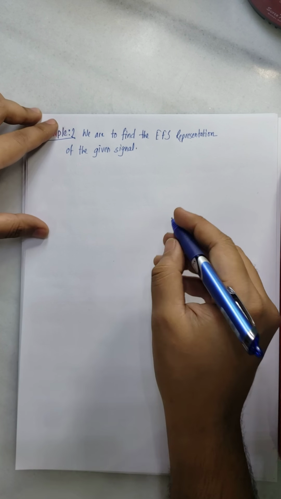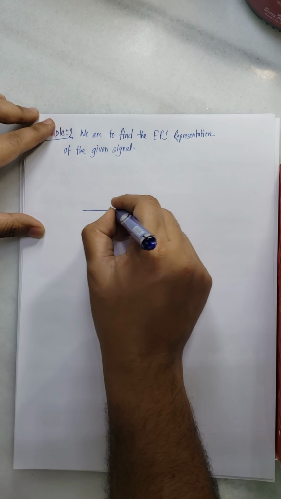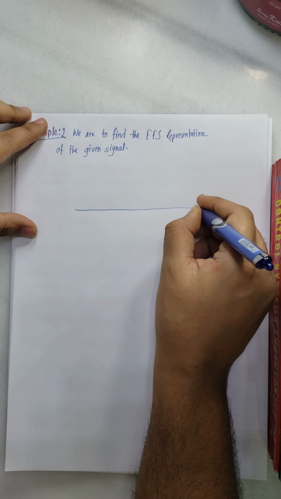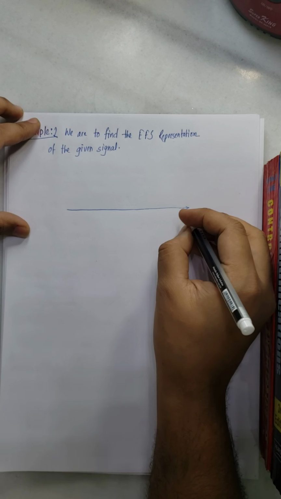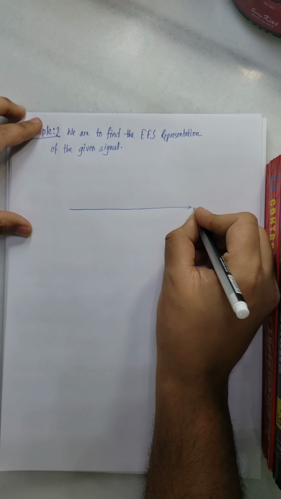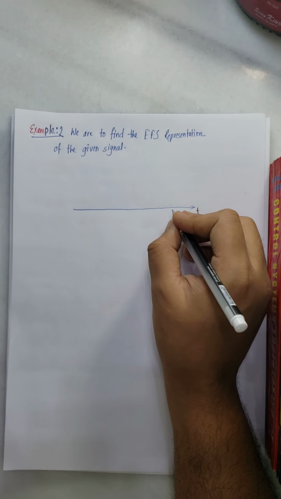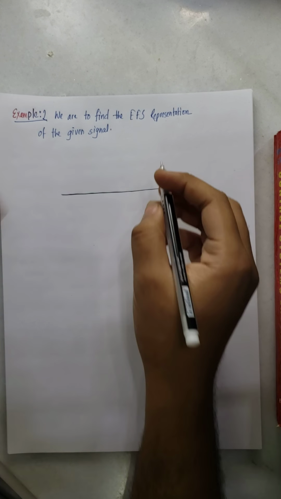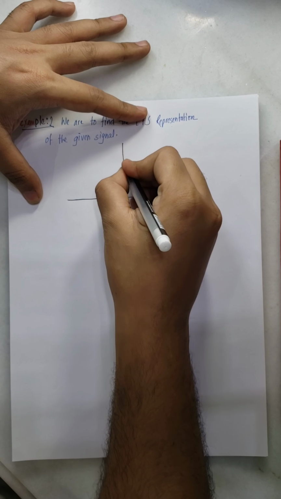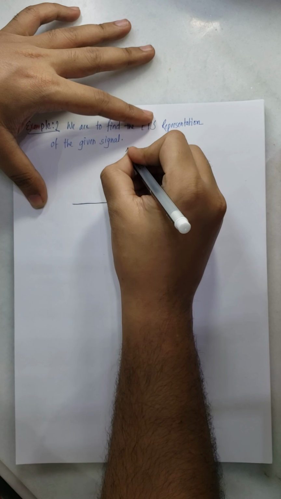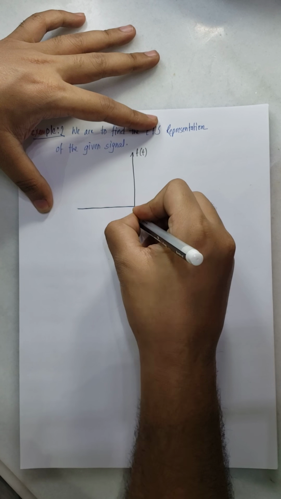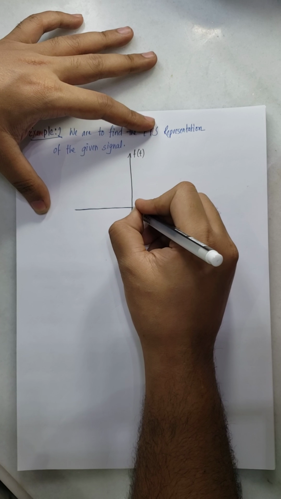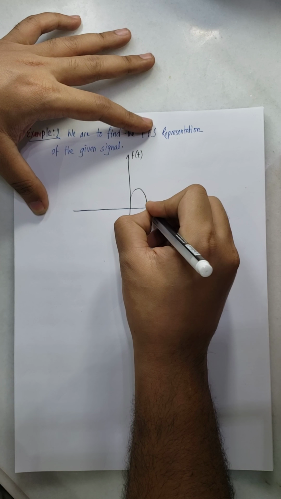Now let us see what the signal looks like. If this along here is our time axis marked by t, and this is the y-axis, which is marked by f of t. The function here looks something like this.